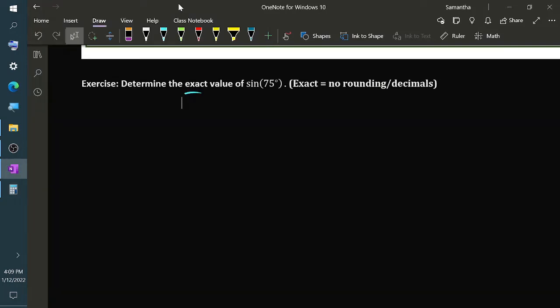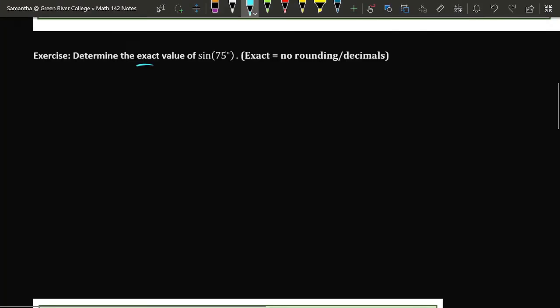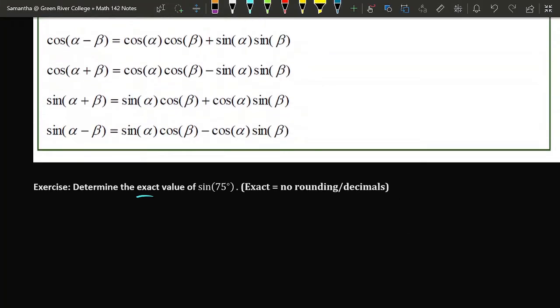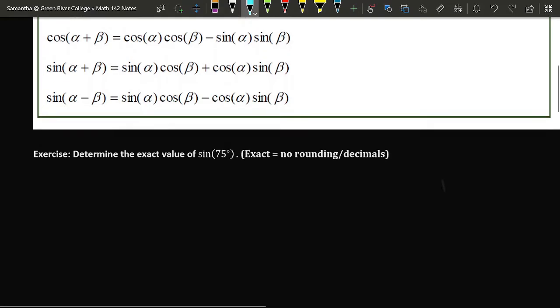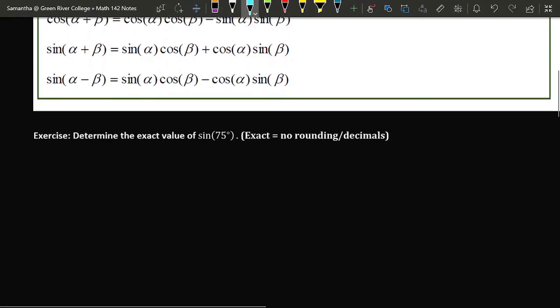Instead, what we can do is apply one of the formulas above to rewrite 75 degrees in terms of angles which show up on our reference circle. For example, 75 degrees is equal to the sum of 30 degrees and 45 degrees.